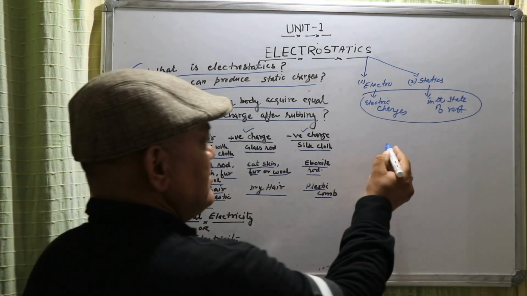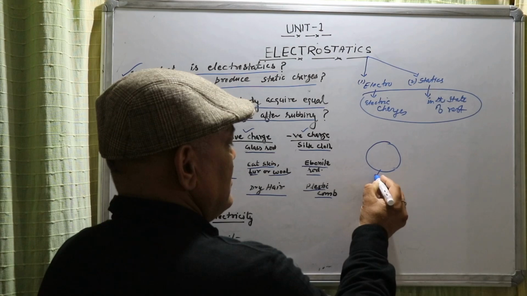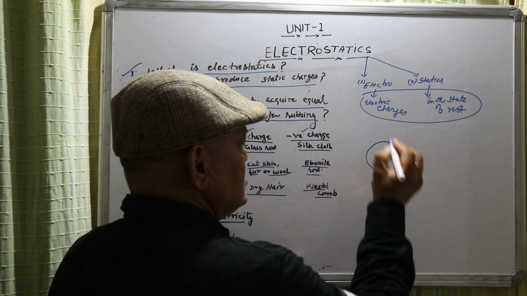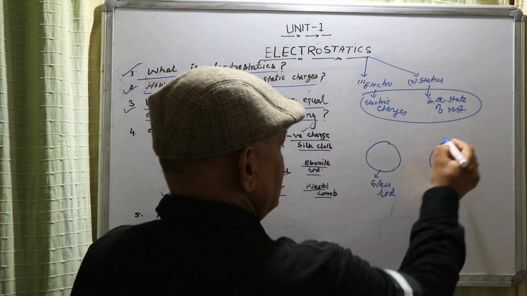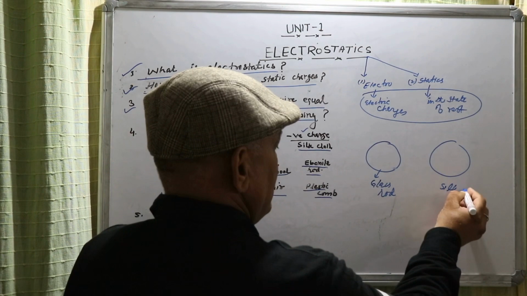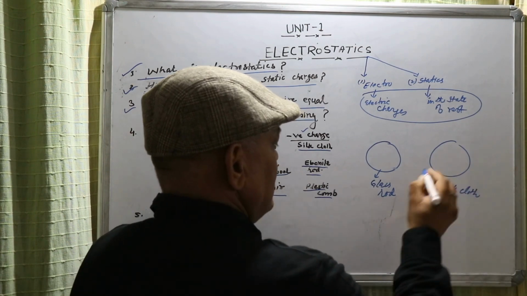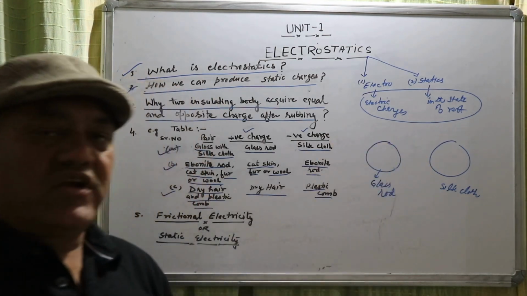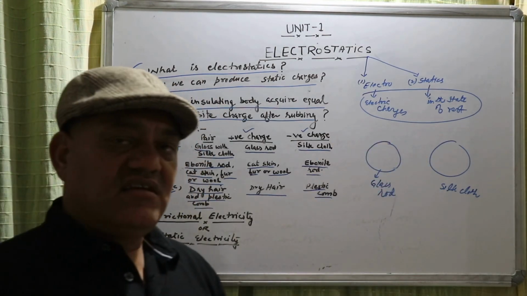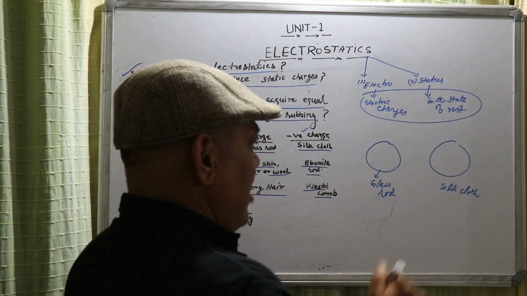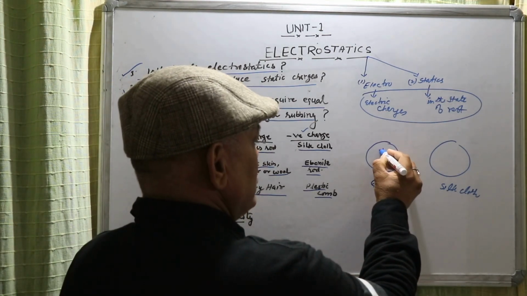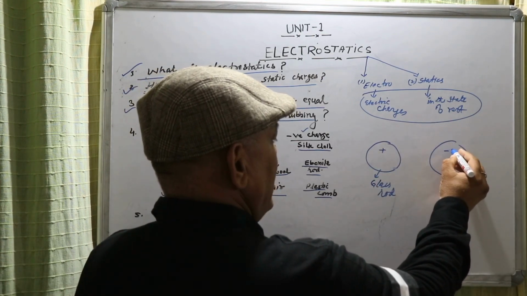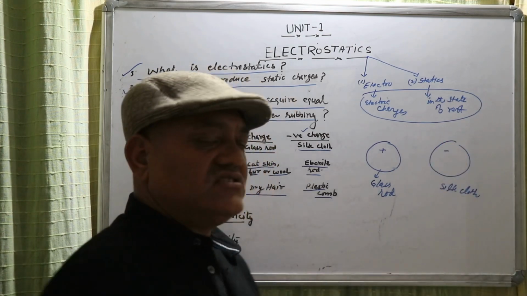Now let us consider, this is our glass rod and this is the silk cloth. When we rub these two insulating bodies against each other, then after rubbing, the glass rod acquires the positive charge and the silk cloth acquires the equal amount of negative charge.